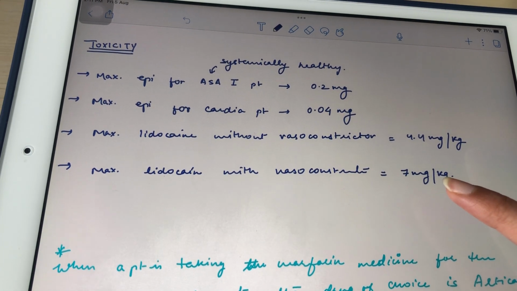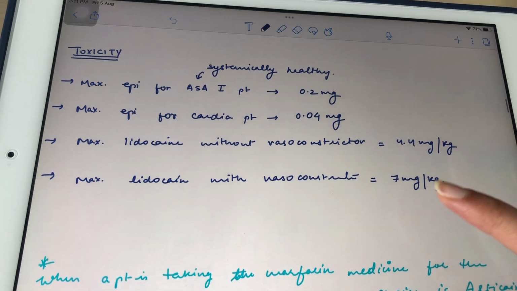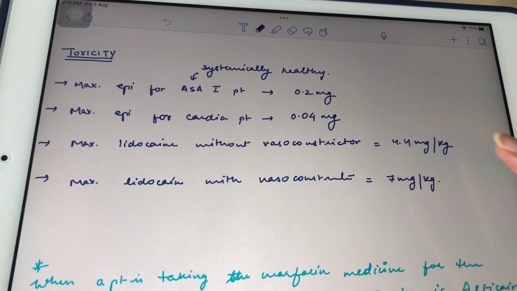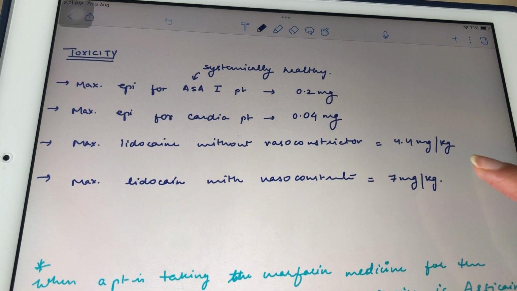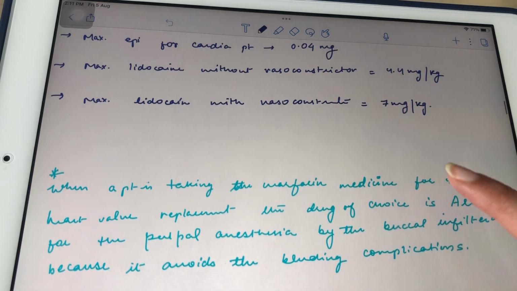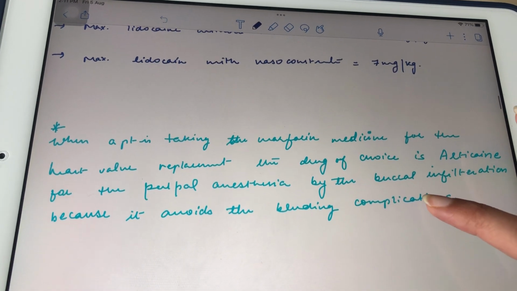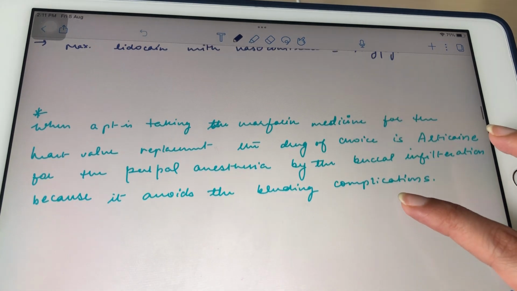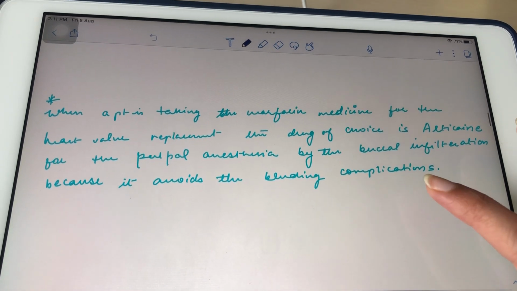Maximum lidocaine without vasoconstrictor can be 4.4 mg per kg, and maximum lidocaine with vasoconstrictor can be 7 mg per kg. Now, when a patient is taking warfarin medicine for heart valve replacement, the drug of choice is articaine.